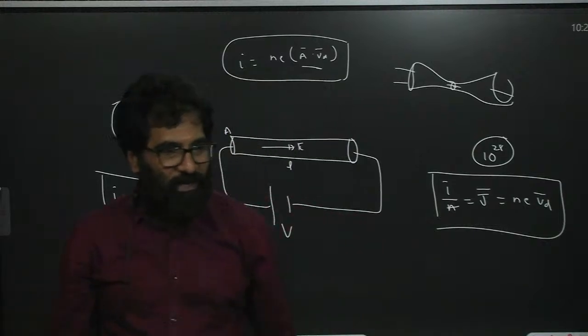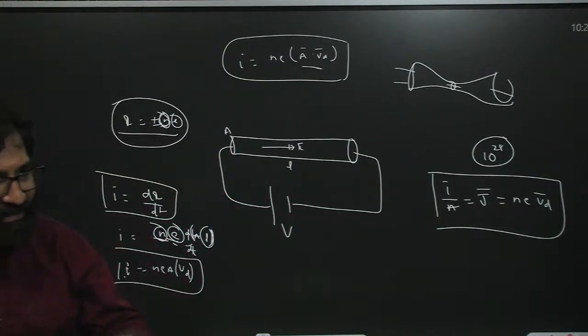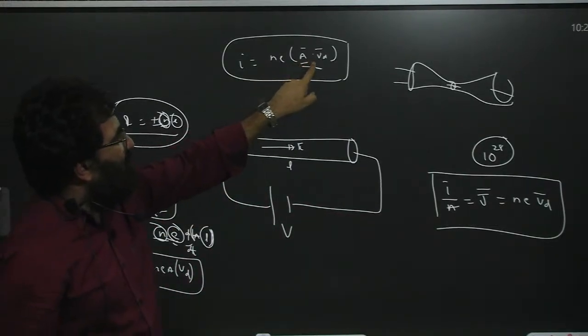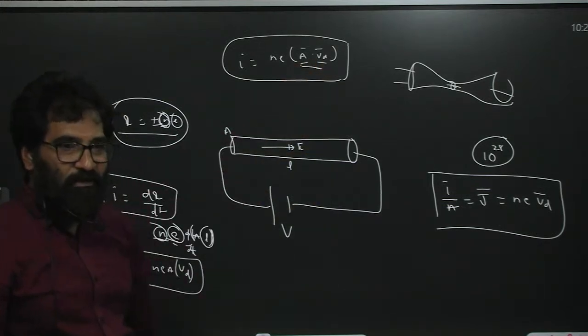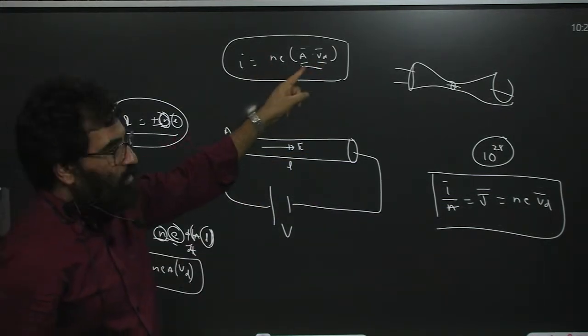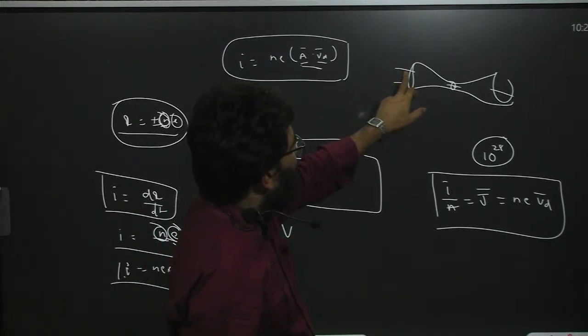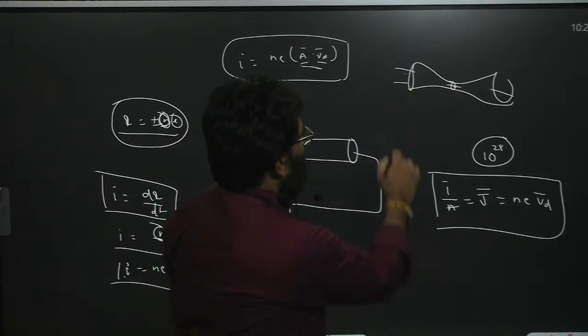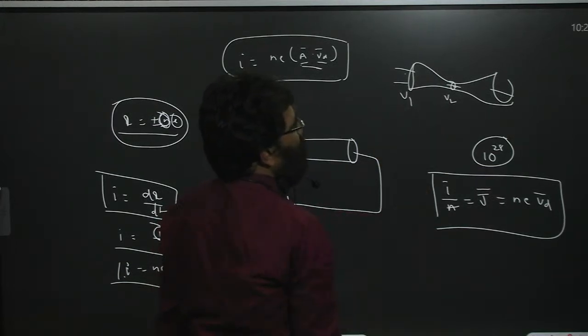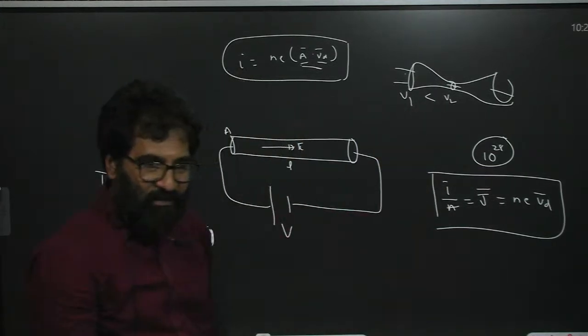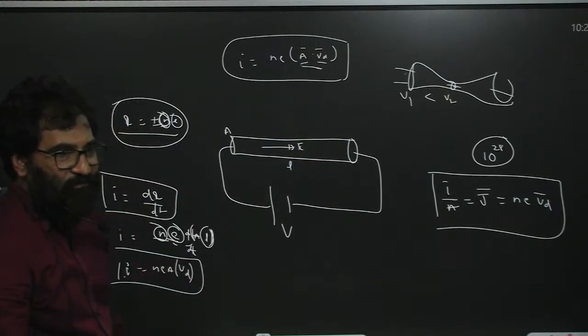Volume flow rate is the same, electron flow rate is the same, but the drift velocity is more when the area of cross section is less. Always think about whether velocity is less or more. Here V1, here V2. V2 is greater than V1. When cross section is less, drift velocity is more.